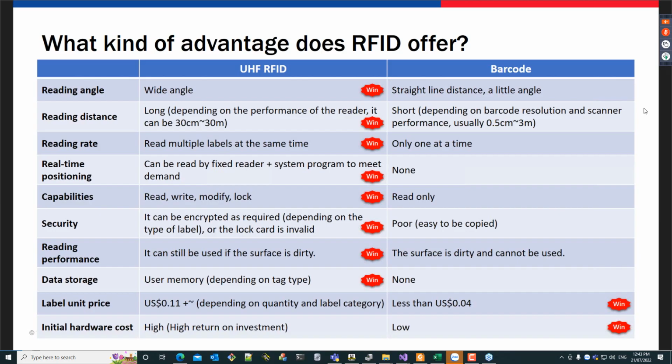We also have different compatibility with RFID tags. For example, we can not only read the RFID tag, we can also write, modify, or lock the data on this tag. It has much more function than the barcode itself. And as I just mentioned, since we can lock the RFID tag, it's more secure than the barcode.